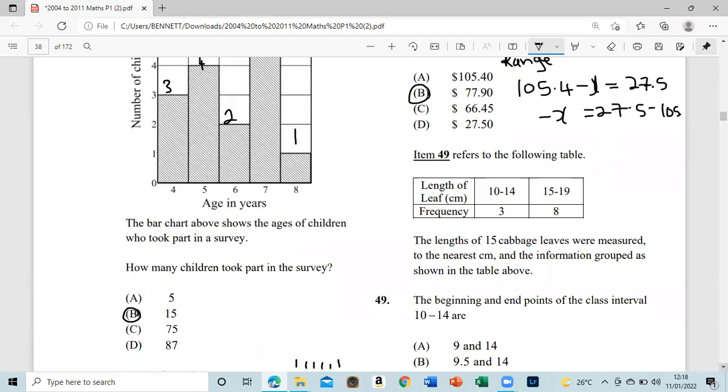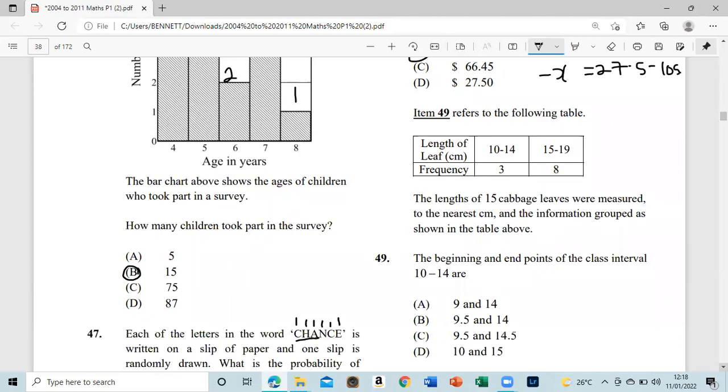49 refers to the following table. The length of 15 cabbage leaves were measured to the nearest centimeter. Information grouped as shown in the table. Beginning and end point of the class interval 10-14 are, is it 9 and 14? Is it 9.5 and 14? 9.5 and 14.5? Or is it 10 and 15?